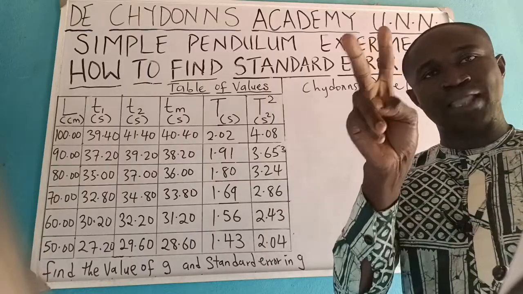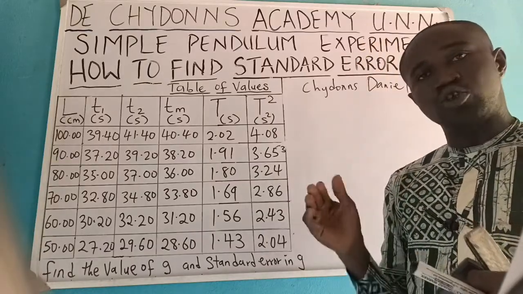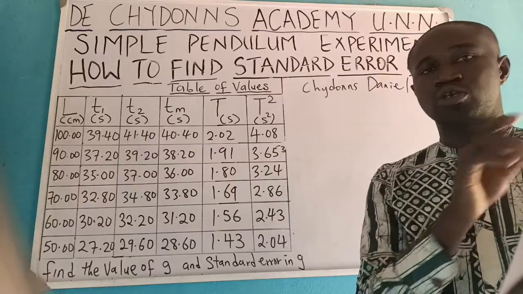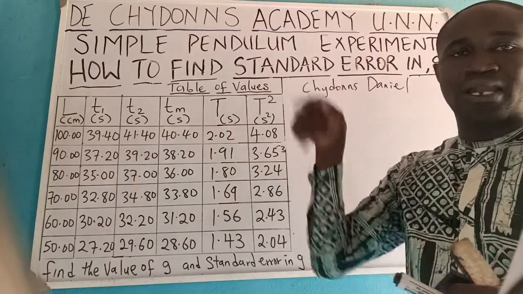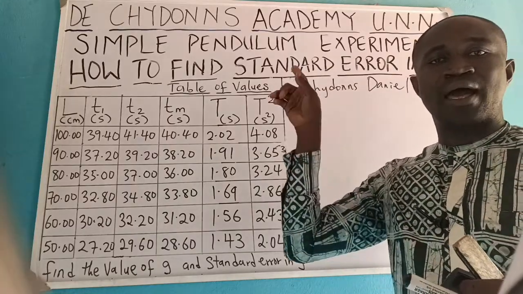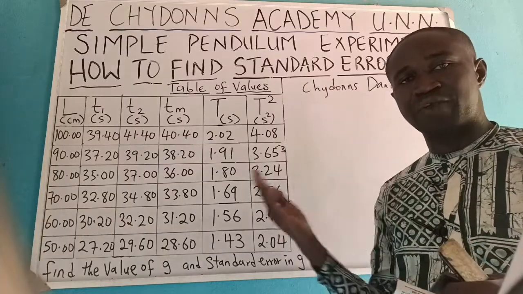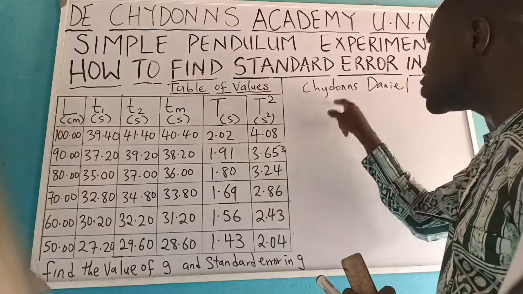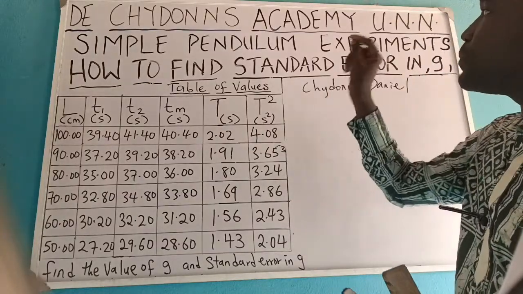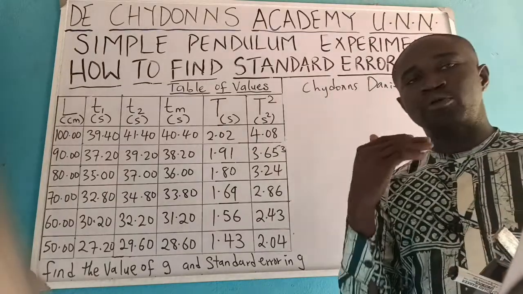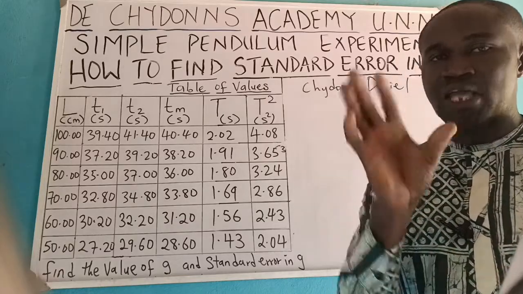I showed two methods in that video. Use of vertical scatter method and use of what? Line of difference between slope of best fit and slope of what? Worst fit. Their difference. Please type Chidon's Daniel simple pendulum experiment. You'll be able to see that video and watch it by yourself.